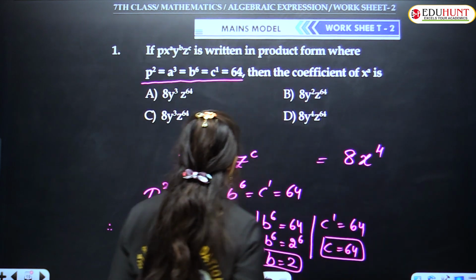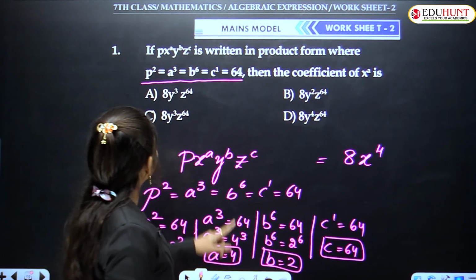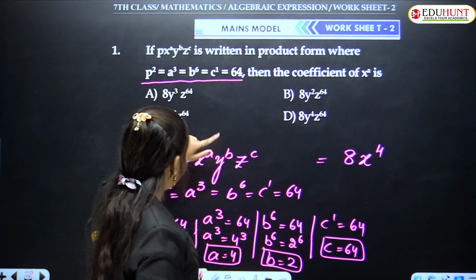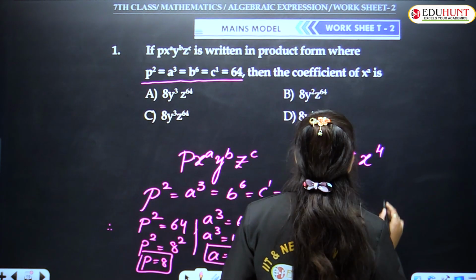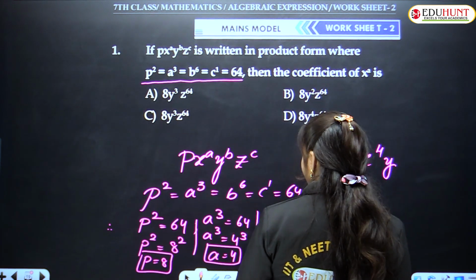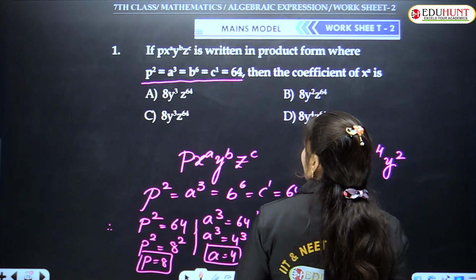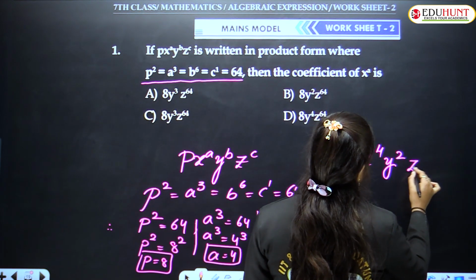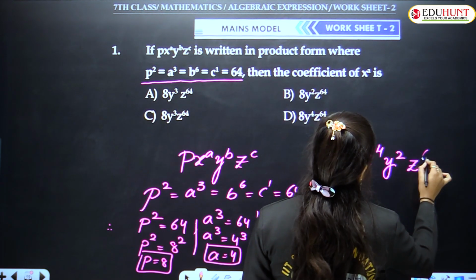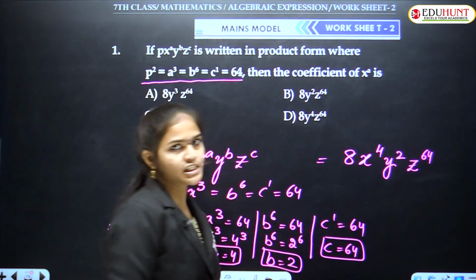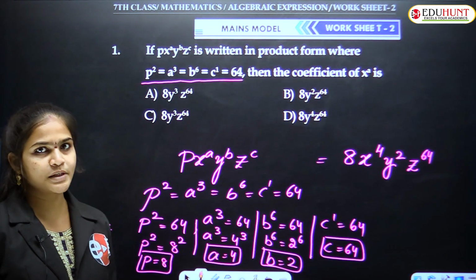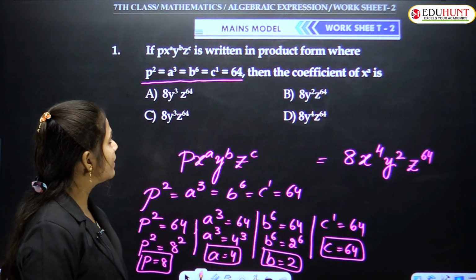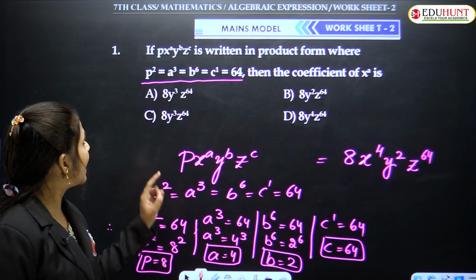So x power 4, and y power b, where b is equal to 2, and z power c, where c is equal to 64, that's why z power 64. Finally, this is the expression. Now what they are asking, what is the coefficient of x power a?